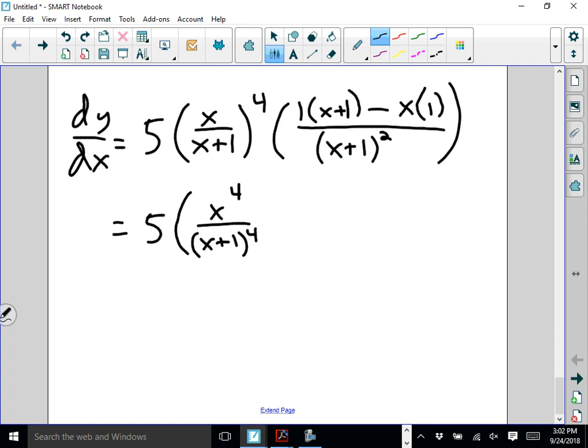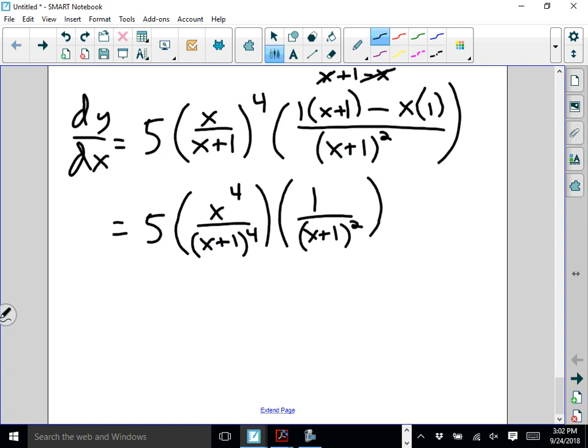Okay? Also, up here, this top turns into x plus 1 minus x, which simply simplifies to 1 over x plus 1 squared. Now I'm going to multiply these three fractions together.